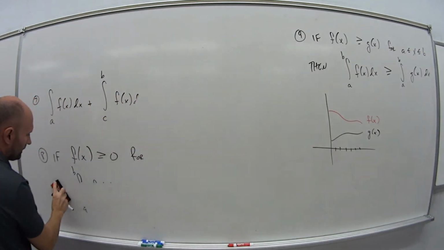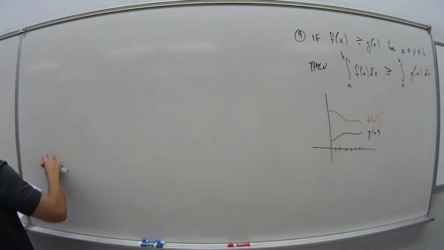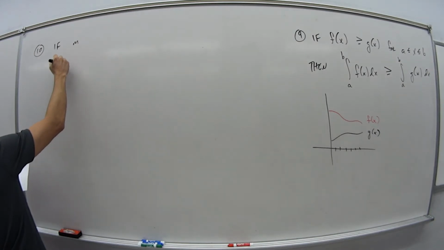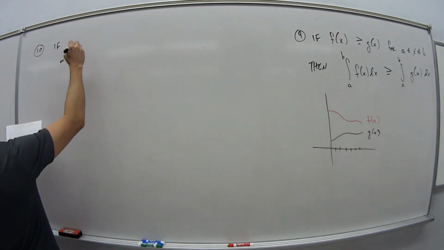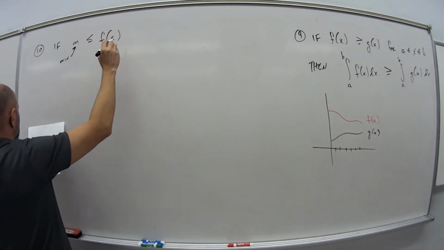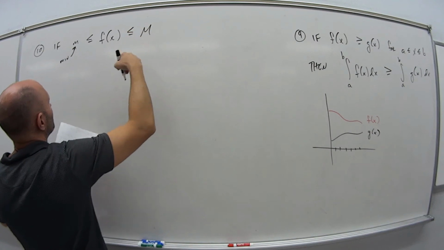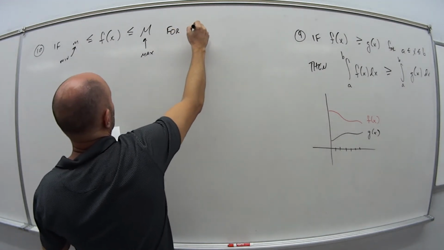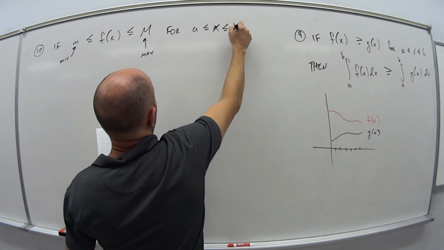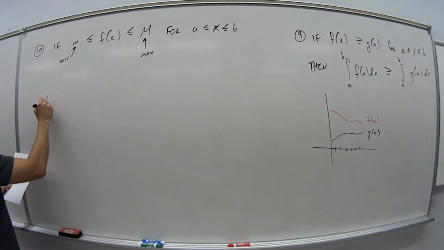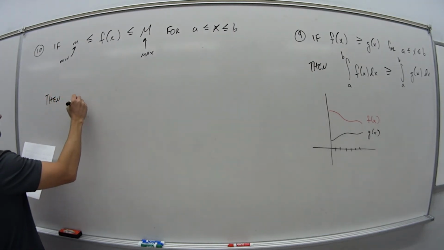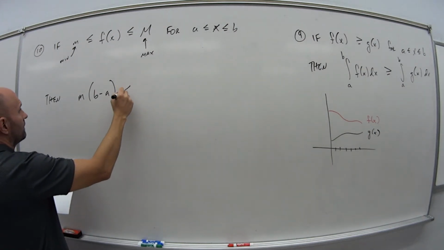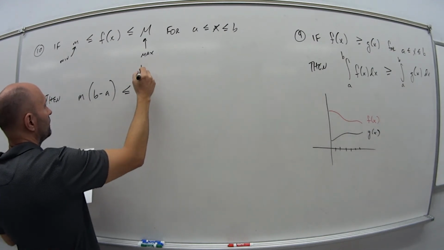And lastly, number 10. If the minimum, so we're going to write a little m here, if the function falls between two values, a min and a max, for all x between a and b, then if we take that minimum value and multiply it times b minus a, that's going to be a value less than or equal to the integral.